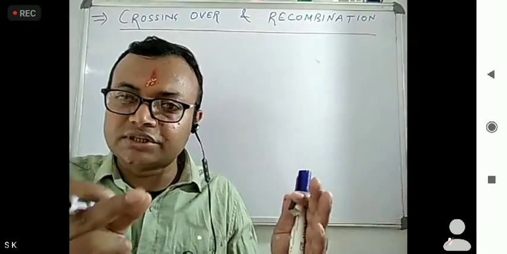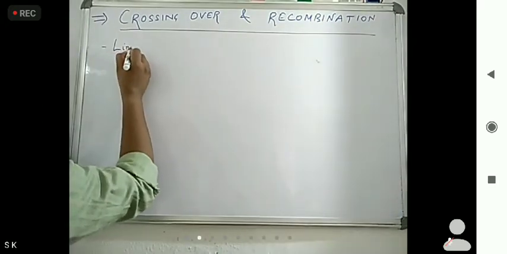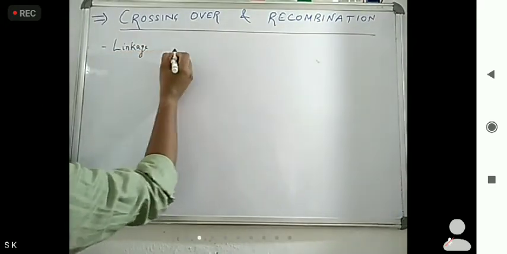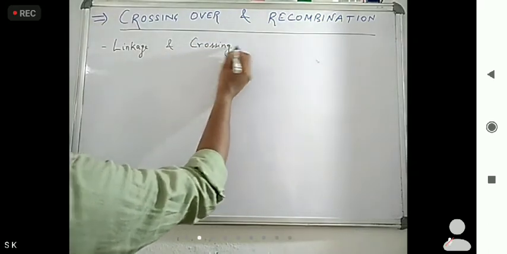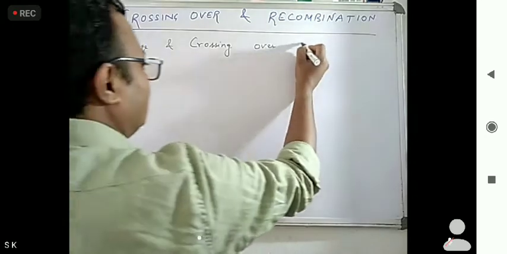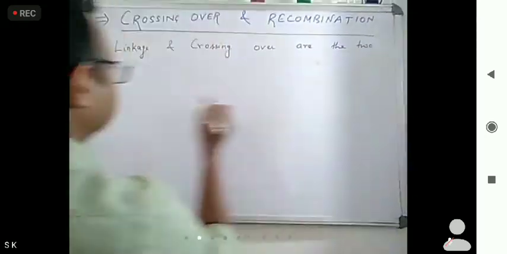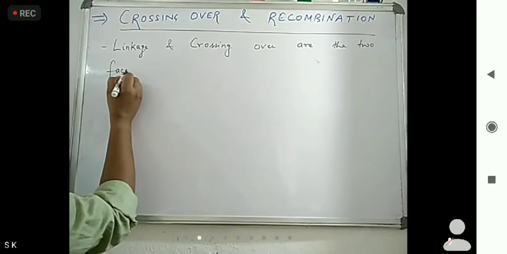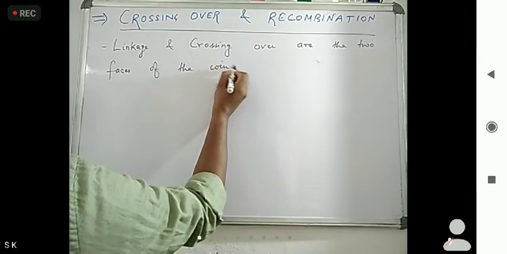A coin, you are seeing, has two faces. So what we can say, linkage and crossing over are the two faces of the coin.